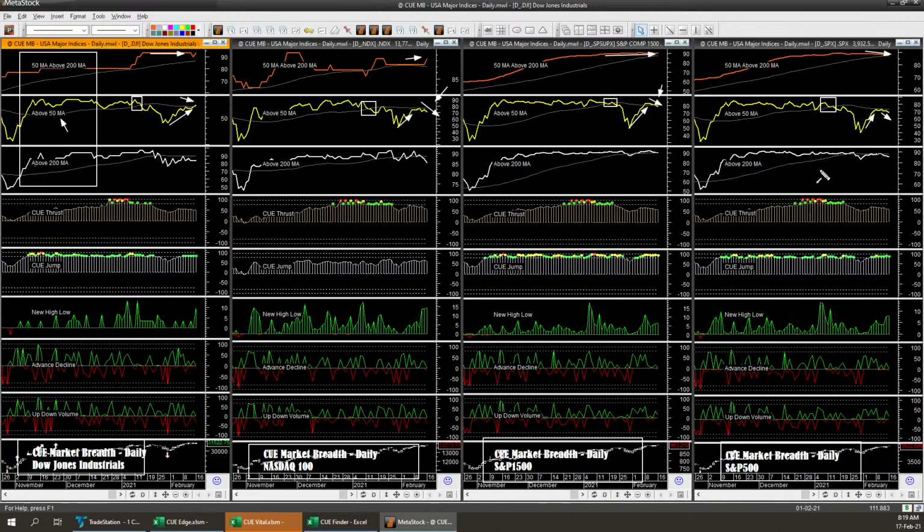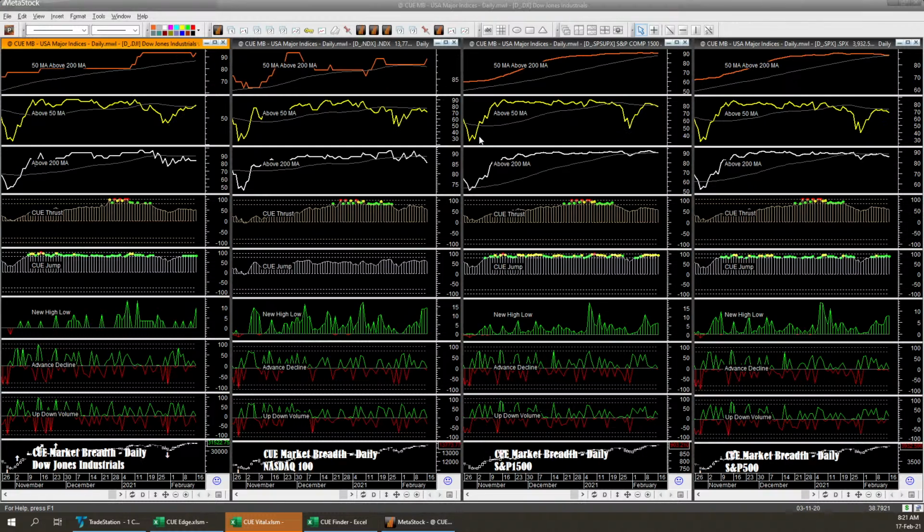Among the indices where percentage of stocks above 50 MA is plotted, these 3 indices, Nasdaq, S&P 1500, S&P 500, rolled over again after trying to go up. They are now below the average line, that is showing some weakness.